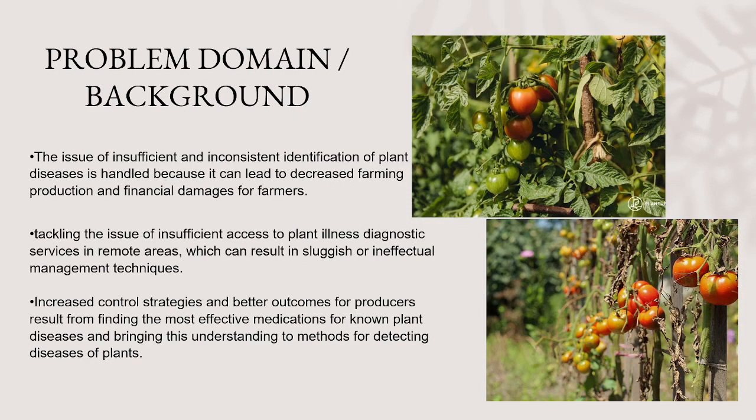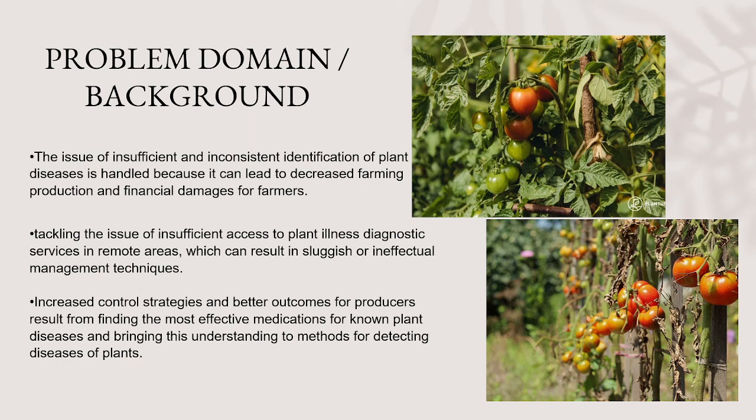The issue of insufficient and inconsistent identification of plant diseases needs to be handled because it can lead to decreased farming production and financial damages for farmers. As I mentioned in the previous slide, a lot of farmers told me they are escaping the tomato farms because they are facing a lot of financial losses because of the diseases.